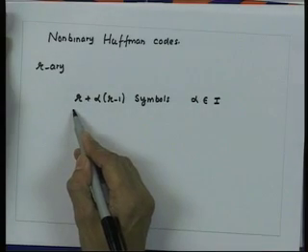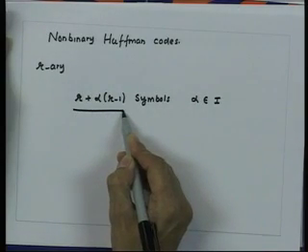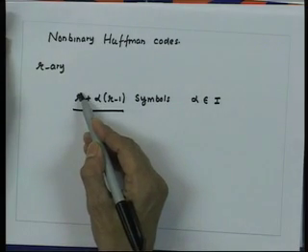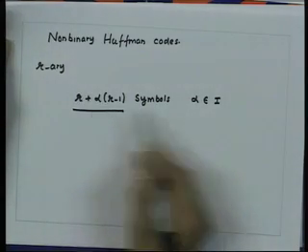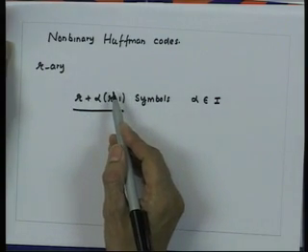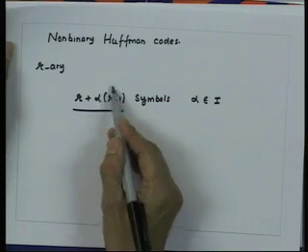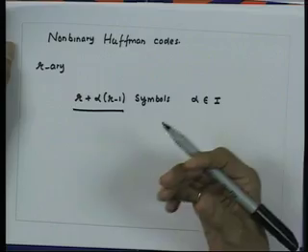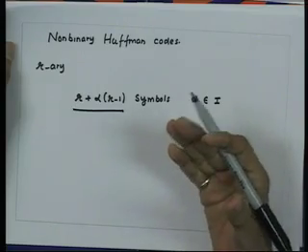So only if your original symbols satisfy this relationship, where R denotes the size of the code alphabet and alpha denotes the integer, that is, if the size of my source alphabet is of this form, then I can combine R symbols at a time at each reduction of the source, and this will provide me the optimal code when I move backwards.